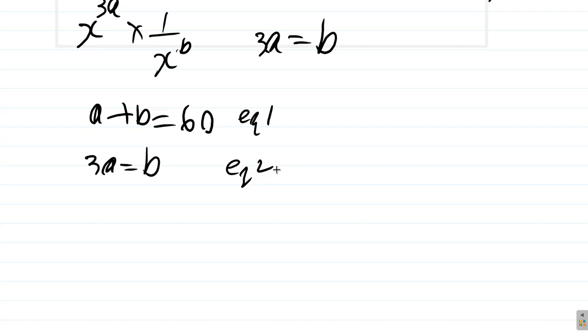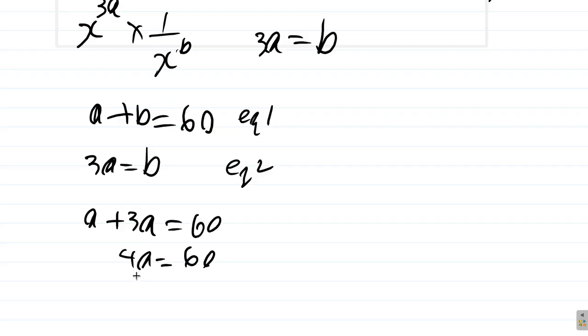Since b is 3a, let's put 3a here and see what happens. a plus 3a is equal to 60. That means 4a equals 60. Divide both sides by 4. a is 60 over 4, which is 15.